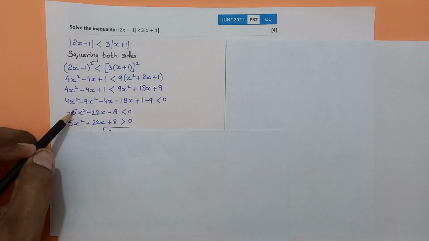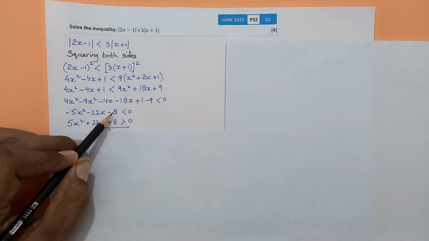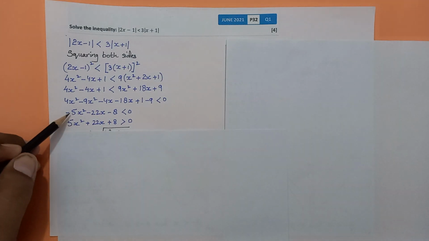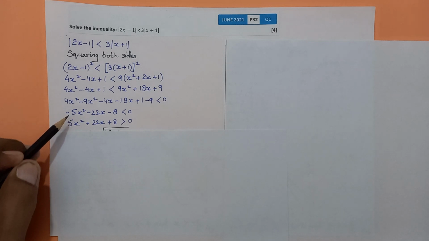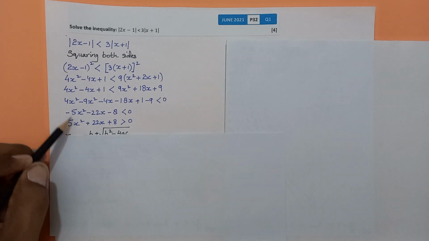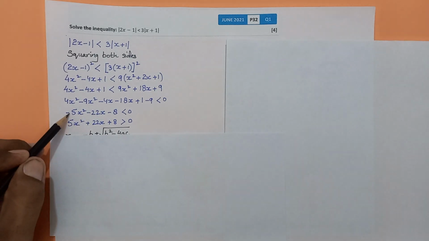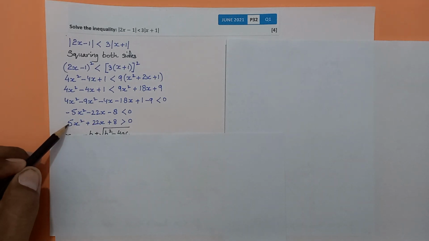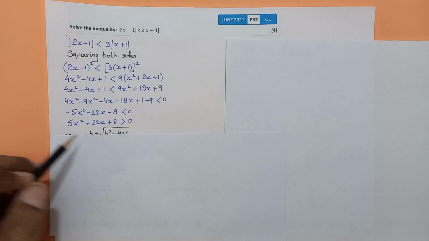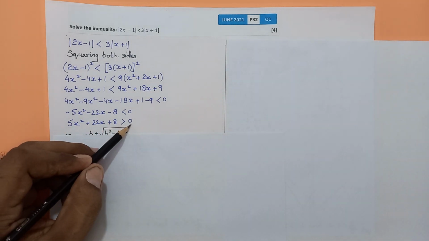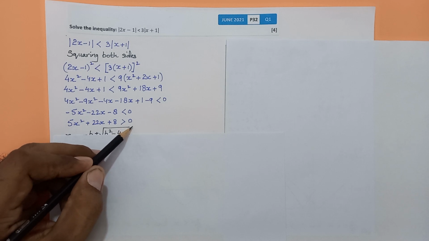We can also work with this, it is not wrong, but if you want to avoid the negative coefficient, just take -1 as common, and the sign of all of them would change. This was negative, negative, negative; if you take negative as common, all of them become positive, and 0 divided by -1 would be 0.